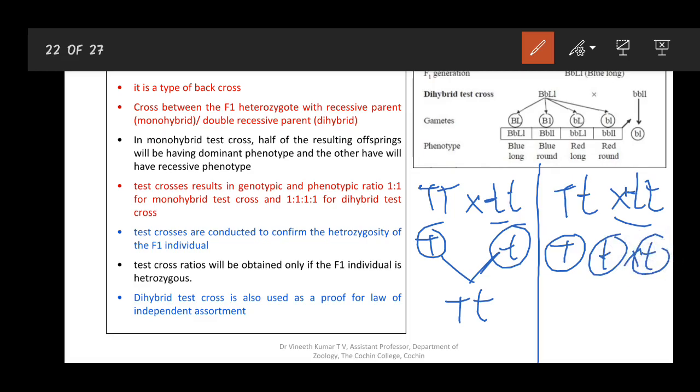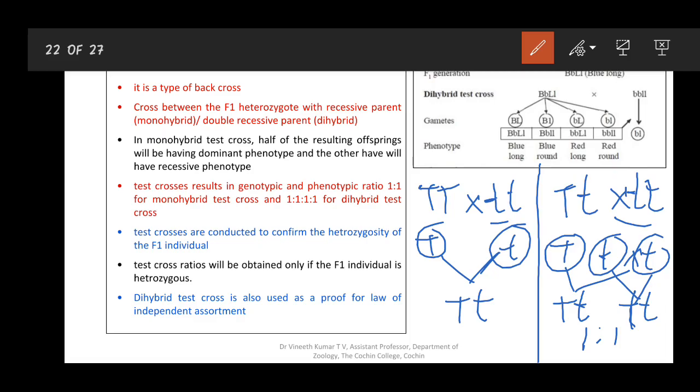So what I get is a capital T, a tall, and a dwarf, small t, in the ratio 50%, 50%, or 1:1. And if you get such a type of phenotype after the test cross, we do not know the genotype of the plant, we are just looking at the phenotype.